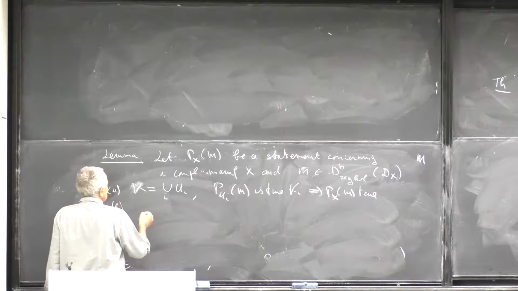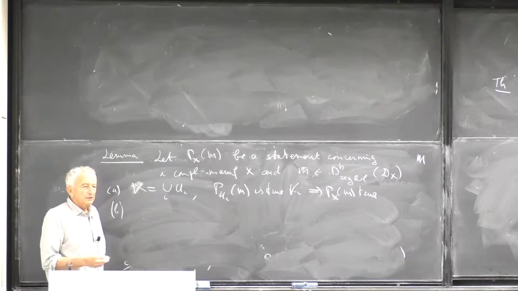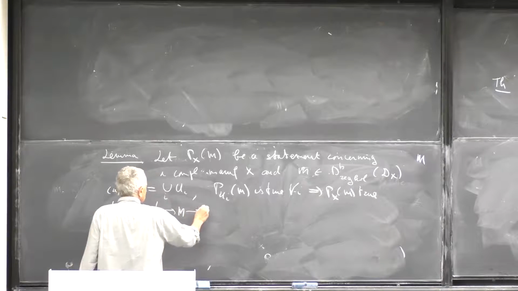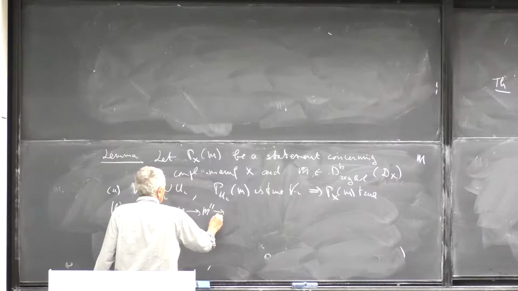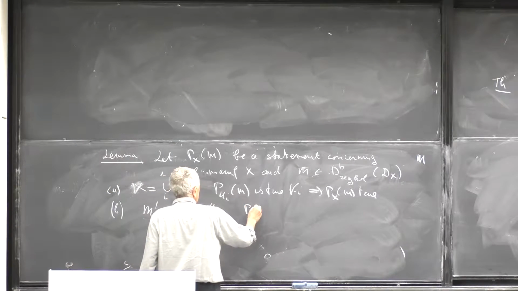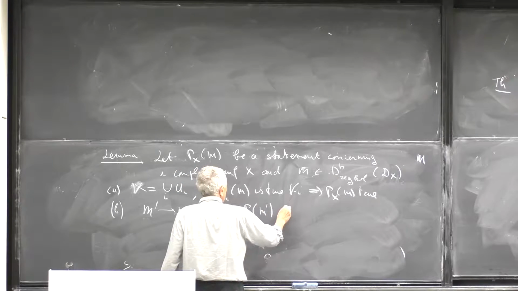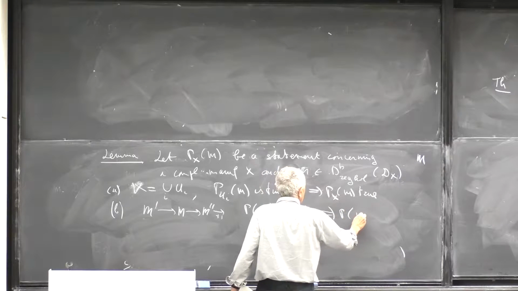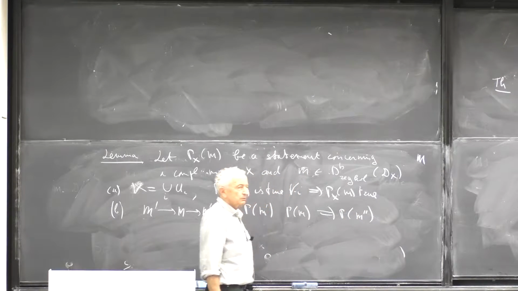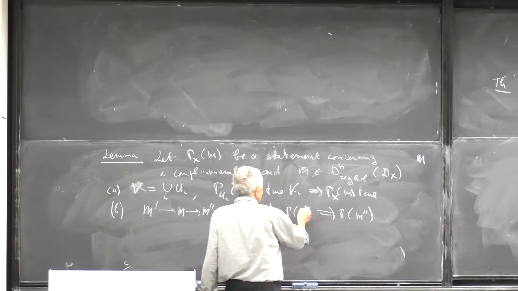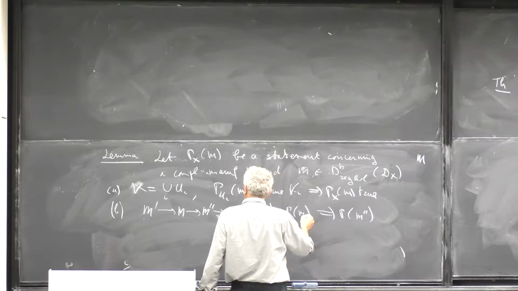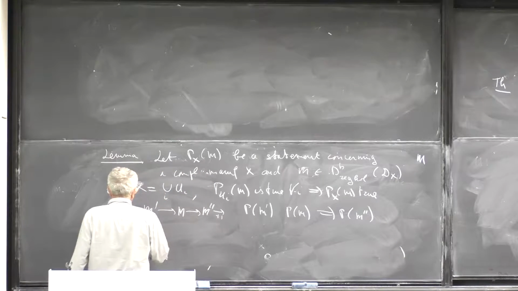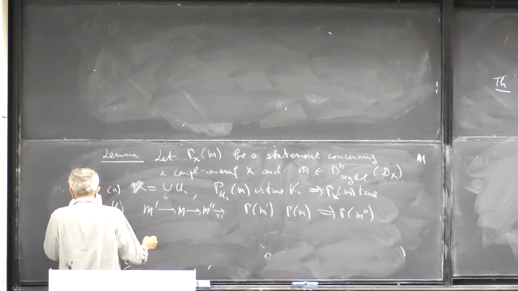The statement is triangulated. If you have a distinguished triangle, if P(M') and P(M) are true, then P(M'') is true. Yeah, I forgot, where is the shift?